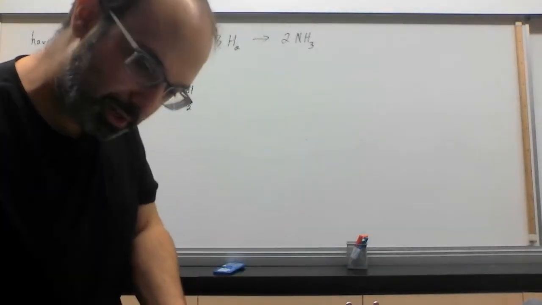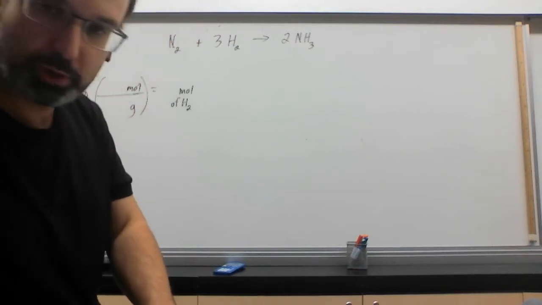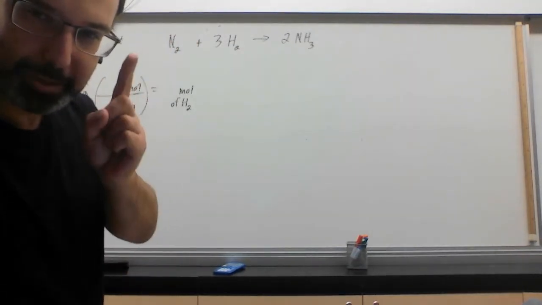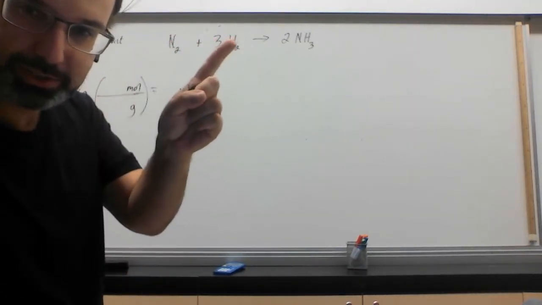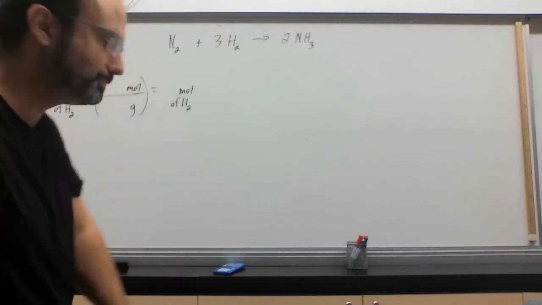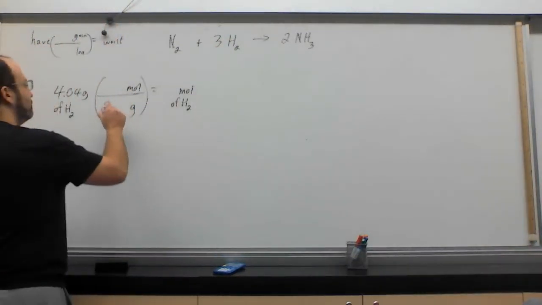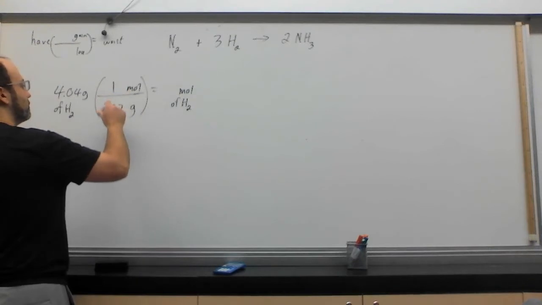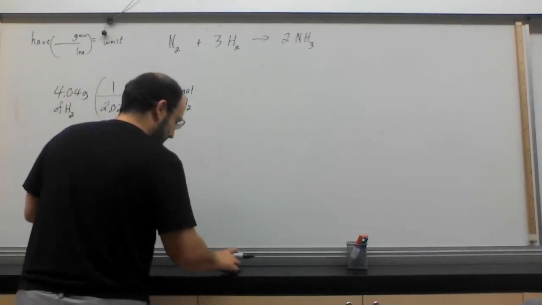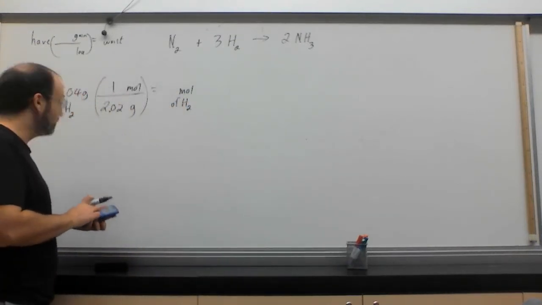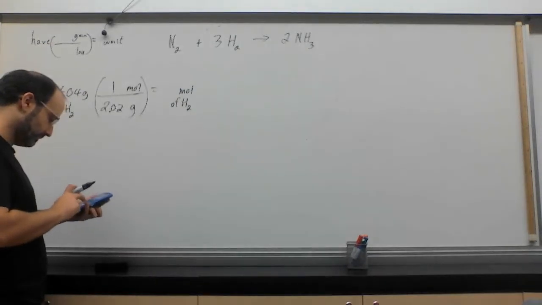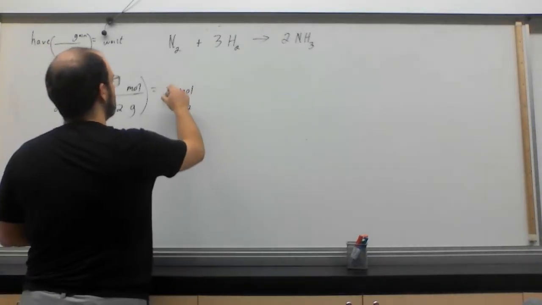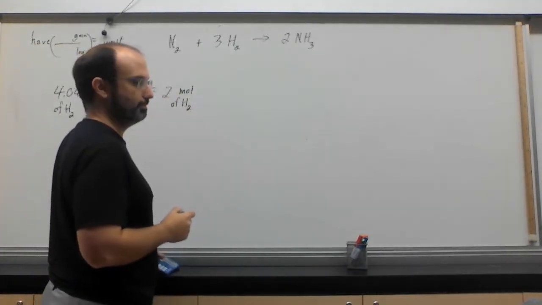So I check my periodic table. Hydrogen is, of course, 1. But I'm talking about hydrogen gas, so that means it's going to be 2. 2.02 grams is 1 mole. So if I take 4.04 divided by 2.02, you're going to get 2 moles of H2.